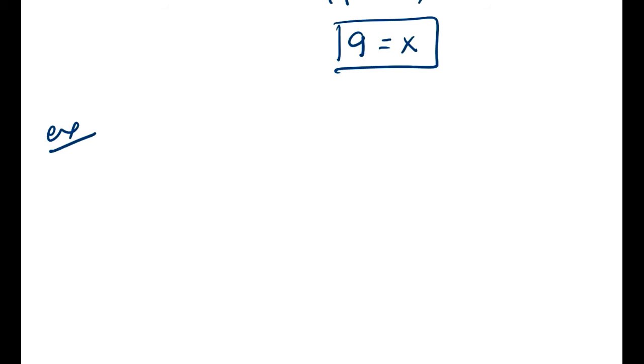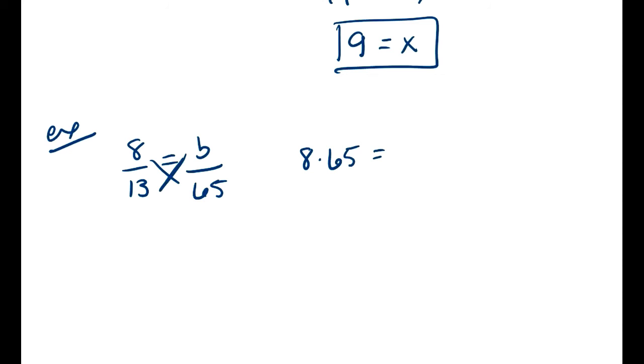So what if I had 8 over 13, and that is equal to b over 65? Well, I'm going to multiply my cross products. 8 times 65, and that's going to be equal to 13 times b.